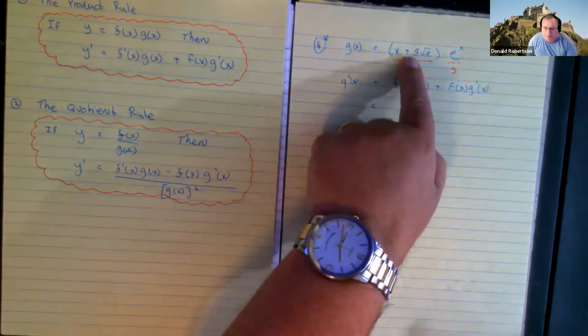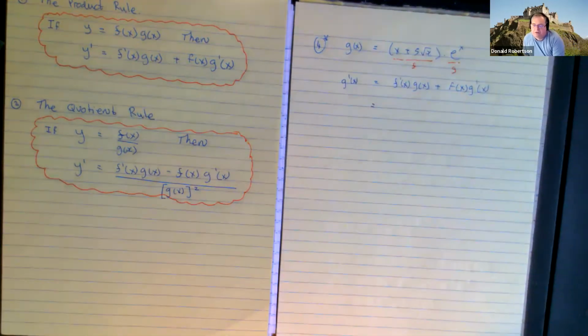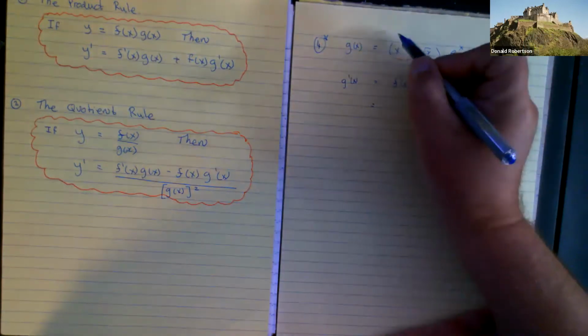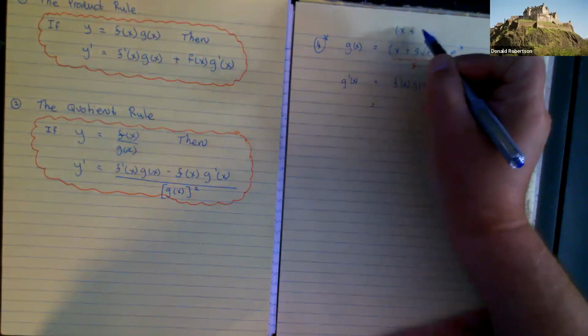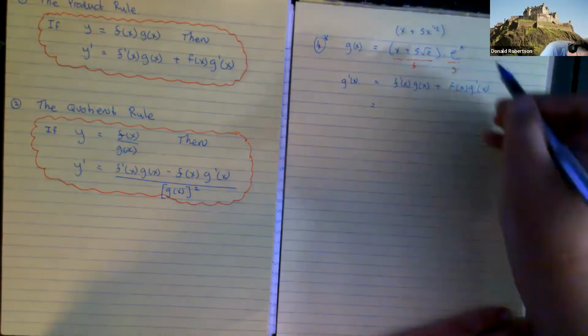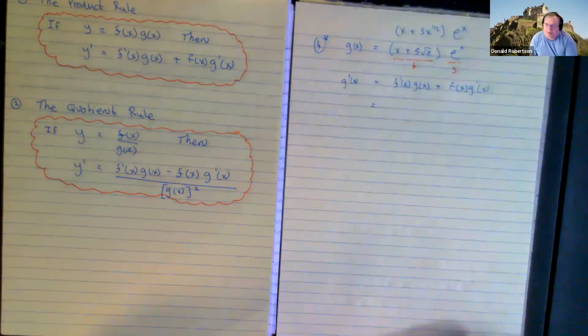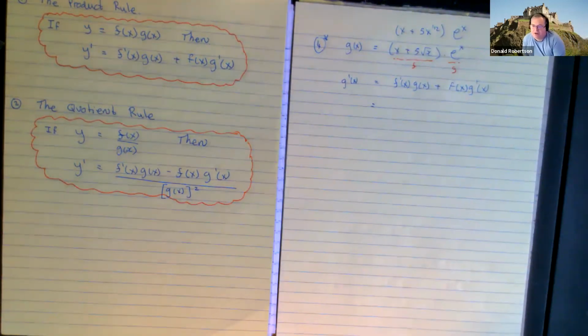And we're going to hit a problem, aren't we? I need to differentiate x plus 5 square root of x. For differentiation, that is not really very helpful. Wouldn't it be a better way to write 5 square root of x as 5x to the half?